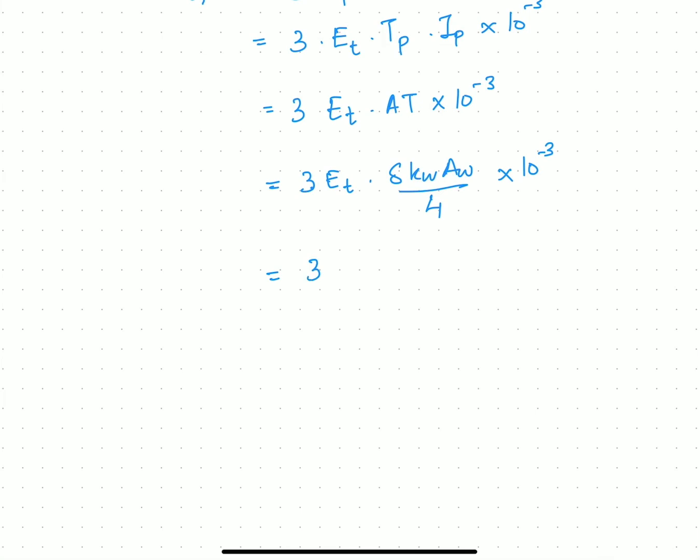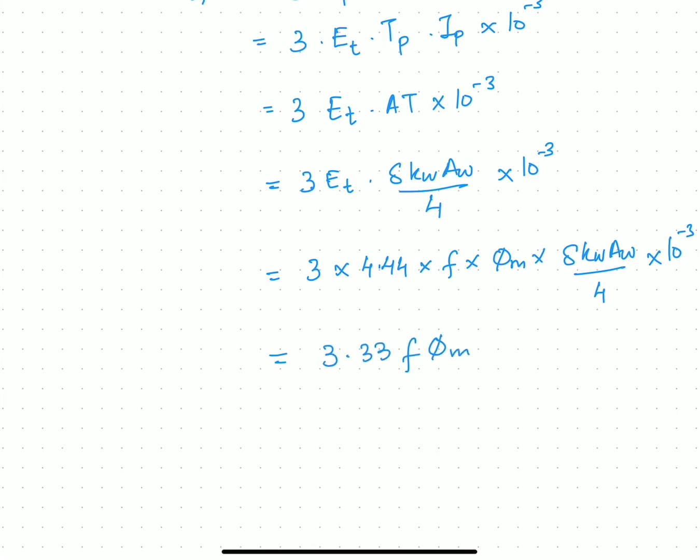We are left with 3 into 4.44 into F into phi m into delta kW AW by 4 into 10 to the power minus 3. So this comes out to be equal to 3.33 F phi m delta kW AW into 10 to the power minus 3.